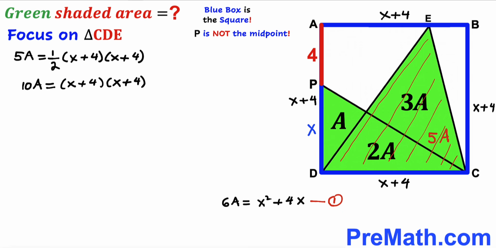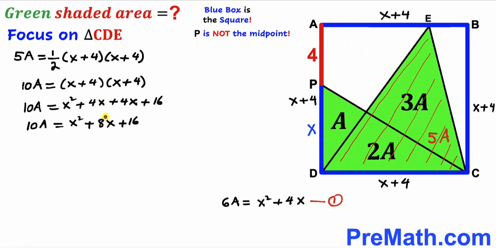Now I'm going to do the double distribution, multiplying this way and this way as well. So 10 times A equals X square plus 4X plus 4X once again plus 16.